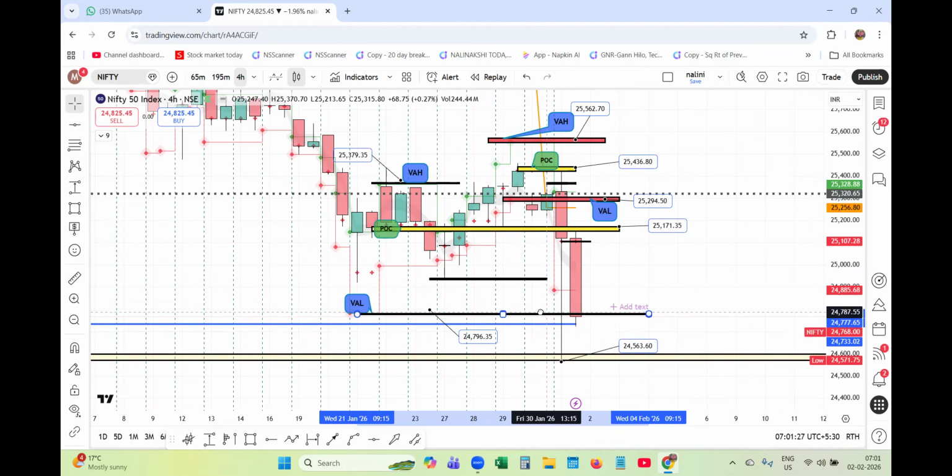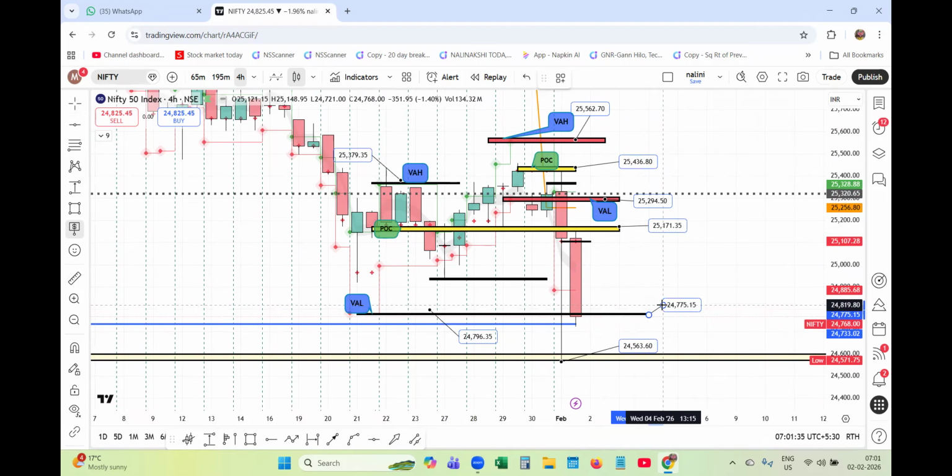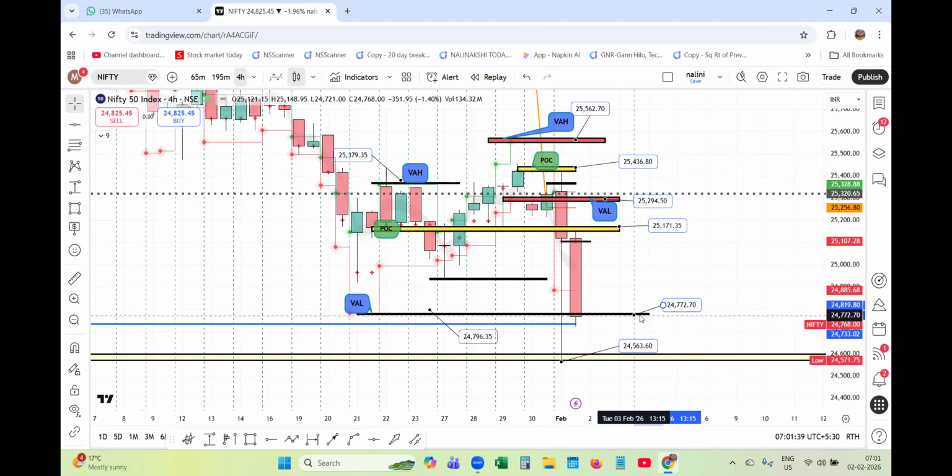This is the value area low. That is exactly around, and let me label it with the price note, 24,777. The market has closed inside this. While closing, 24,825 was the adjustment close.